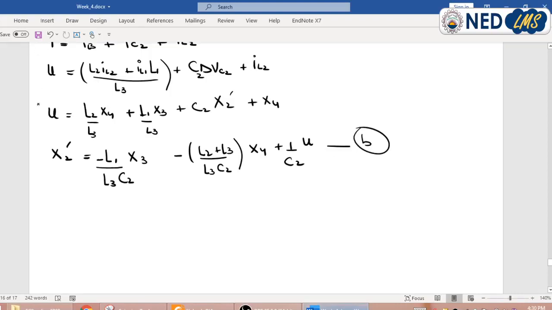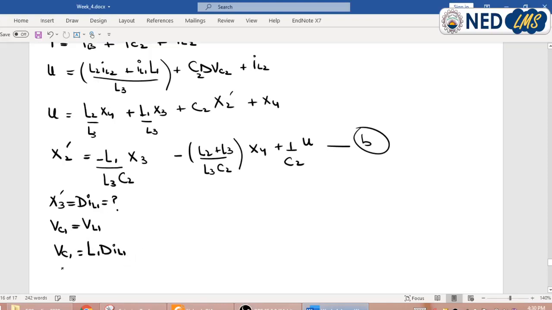So for X3 dash, which is basically dIL1, we know that VC1 is equal to VL1, so I can write VL1 as VC1 equals VL1 equals L1 dIL1.